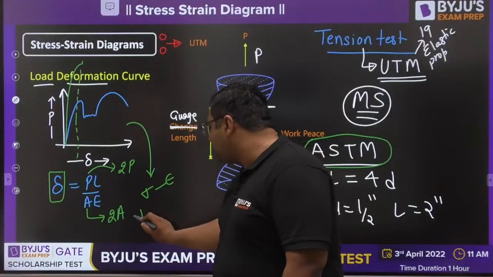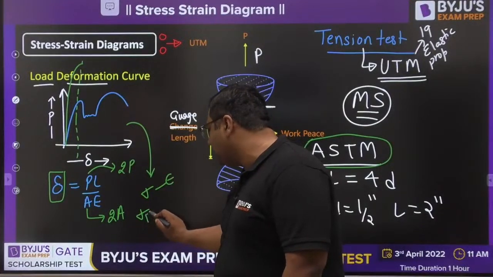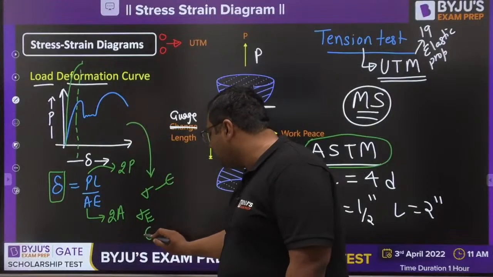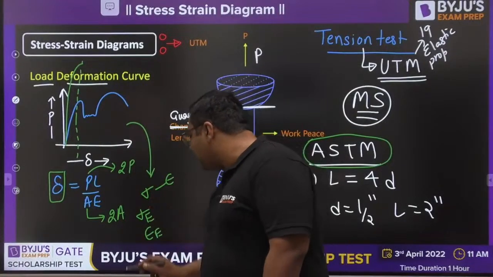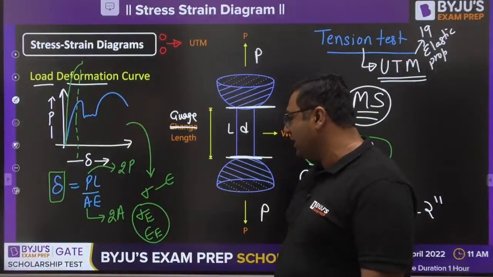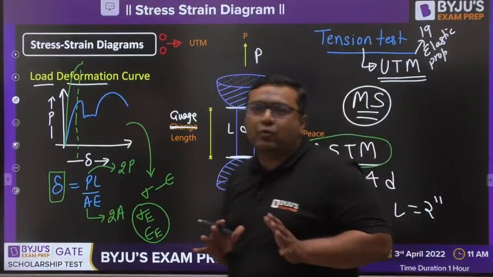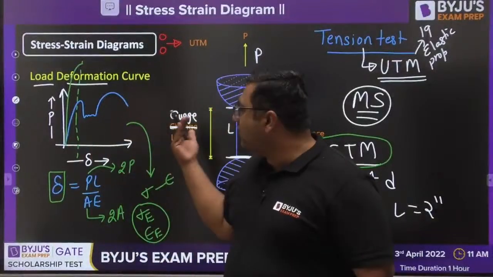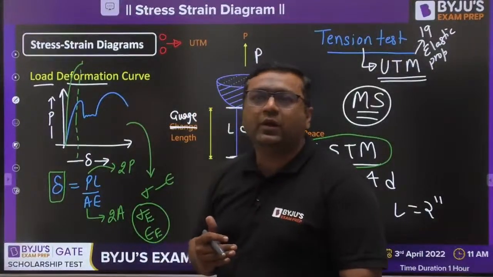When you have stress strain, generally we define a term engineering stress and a term engineering strain. There are some assumptions related to why these words are used, engineering stress and engineering strain, that we will see. But I feel you must be clear that initially we had a load deformation diagram.